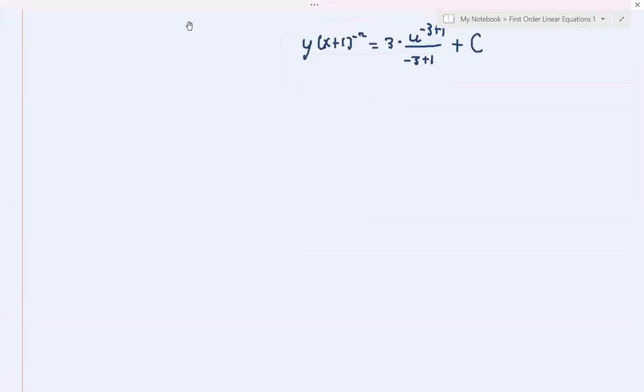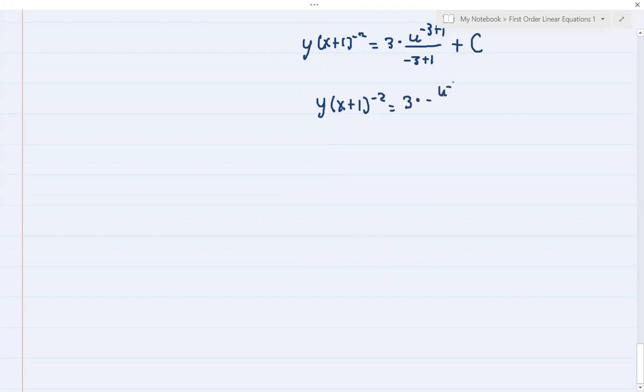So here we will have the answer of y times quantity (x plus 1) raised to negative 2 is equal to 3 times negative u raised to negative 2 all over 2 plus c. So this would result into y times quantity (x plus 1) raised to negative 2 is equal to negative 3 halves u raised to negative 2 plus c.